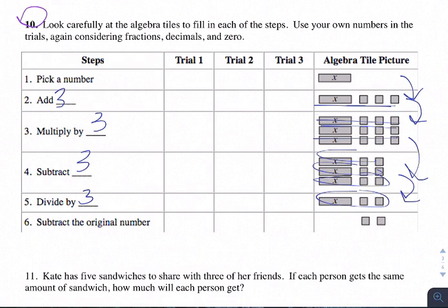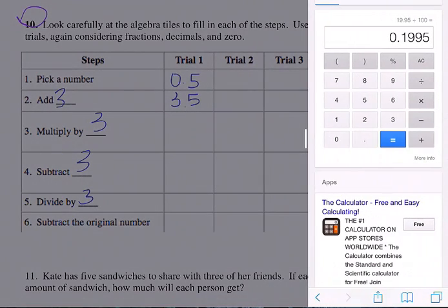Now, we should do a trial. Let's do one together. You can pick the others. I'm going to do a decimal. I'm going to do 0.5. So 0.5 plus 3 would be 3.5. If we multiply 3.5 times 3, we get 10.5.